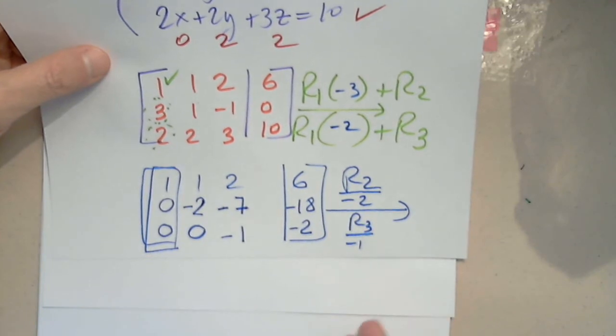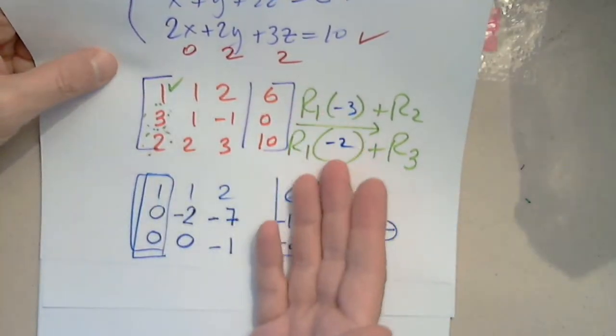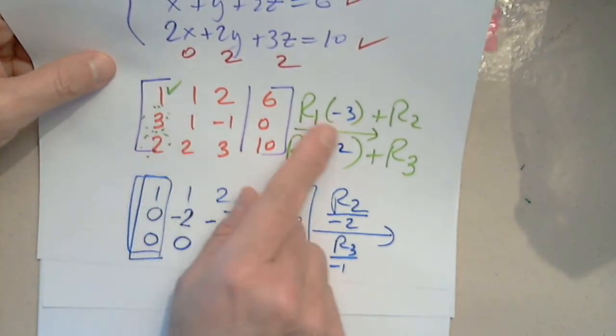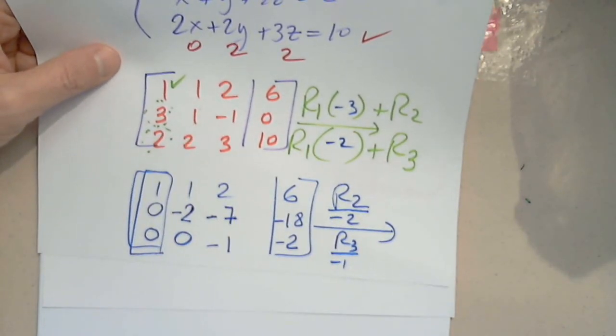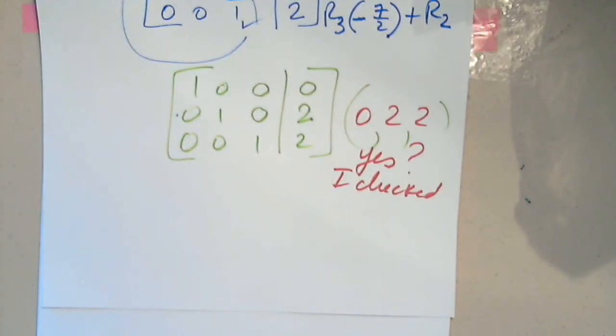Can mistakes occur? Plenty. But this is a different way of doing substitution, doing elimination. You understand that. We're multiplying and then creating a new equation or a new row.